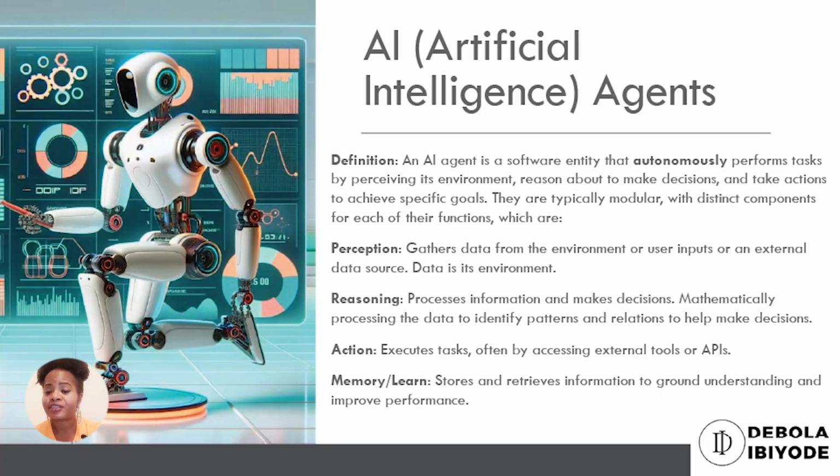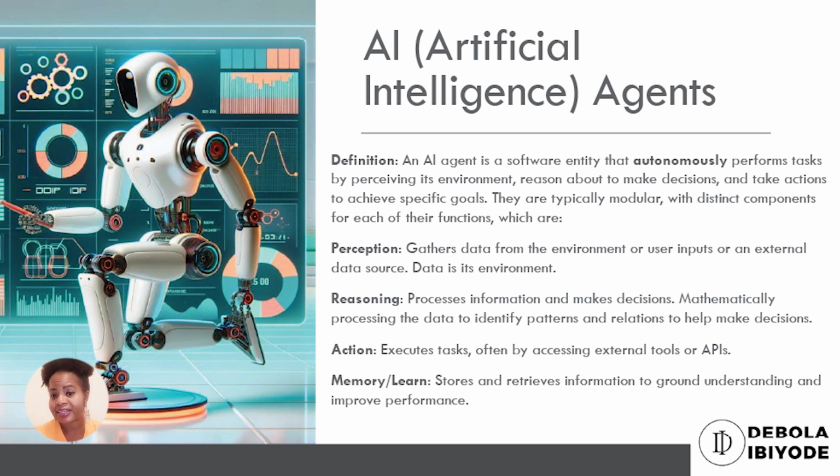Now, an AI agent is a software system or entity that is designed to autonomously, independently perform tasks by perceiving its environment, reasoning about its environment, meaning thinking on it, and also executing or performing tasks or taking actions based on the decision it's made from the reasoning.